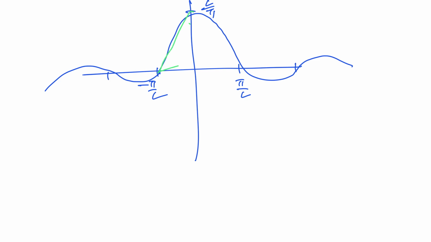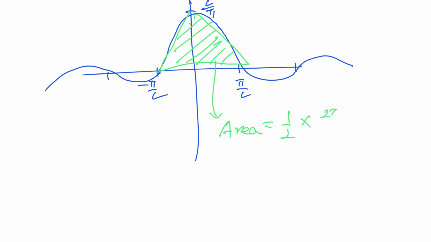And let's calculate this area. This area is what? 1/2 times 2 pi over L times the height L over pi is equal to 1, right? So if you integrate this function, the area is 1.